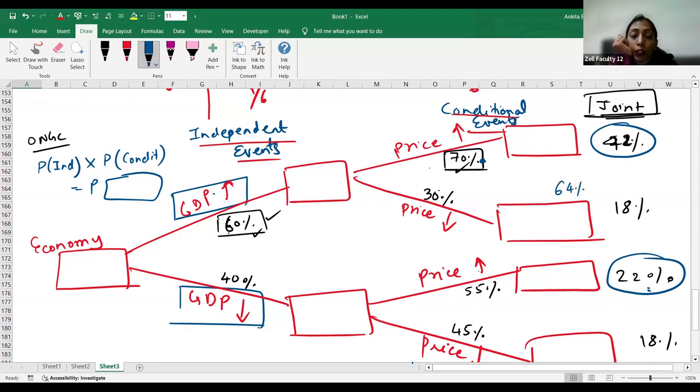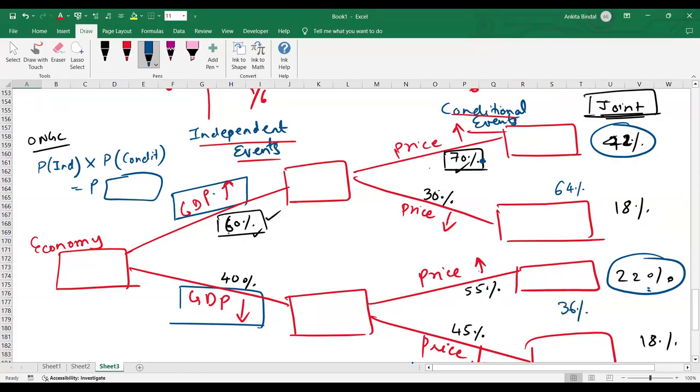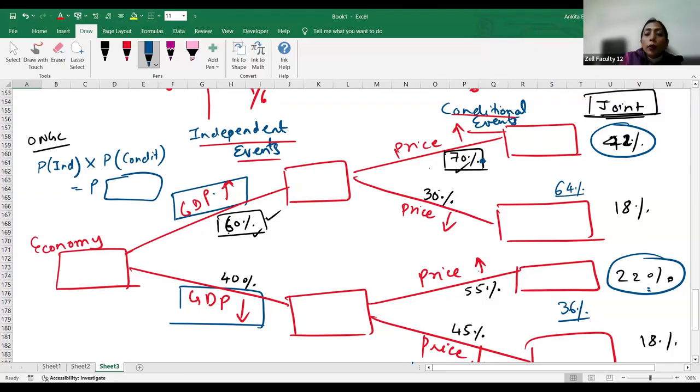And what is the probability of price decrease? 36. Okay. So now you know the probability of price increase and the probability of price decrease. Now I have given it to you that the price has increased.